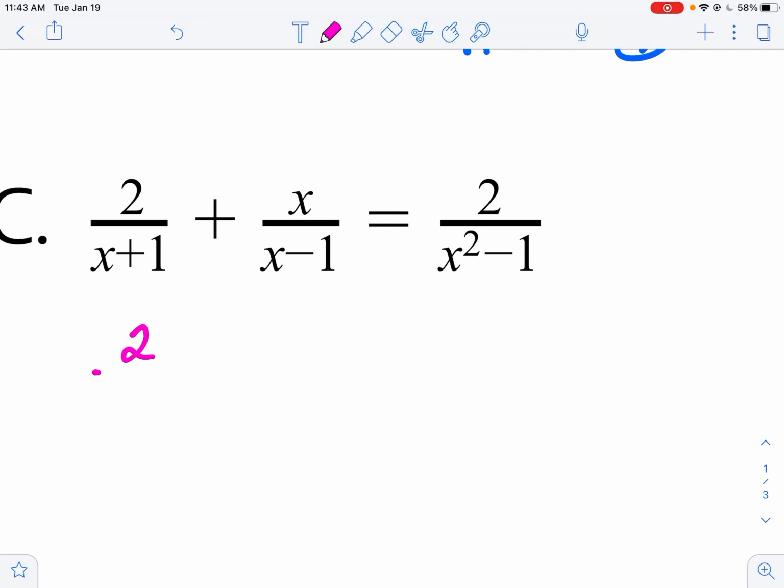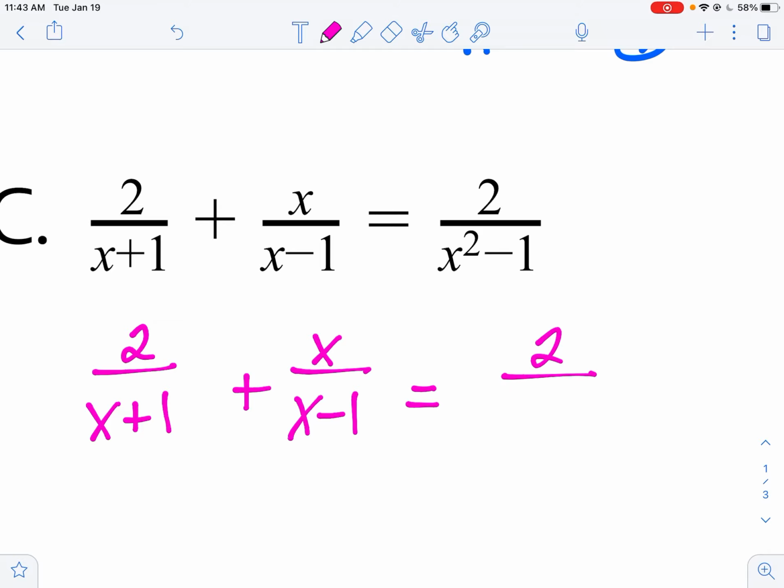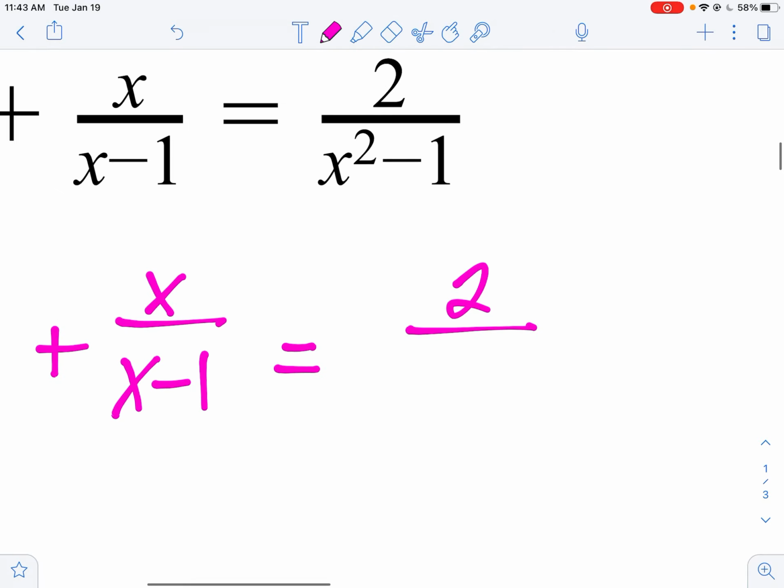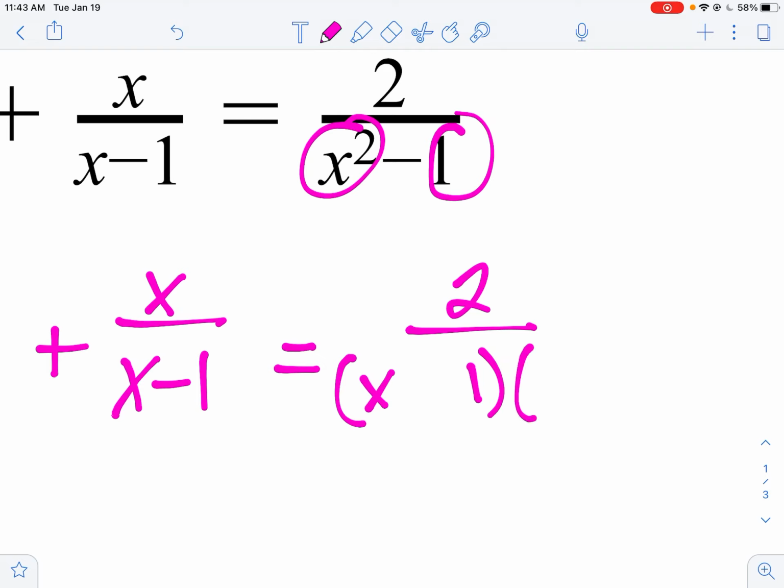So I'm just going to rewrite this as 2x plus 1 plus 1 over x minus 1. And then here I got 2 over. Now, an easy way to do difference of squares, I know I need the square root of x squared, square root of 1. Square root of x squared is x, square root of 1 is 1. So I'm going to fill that in here and here.